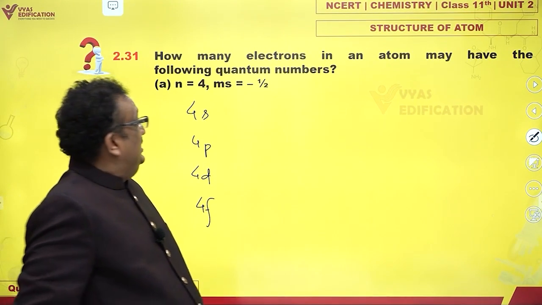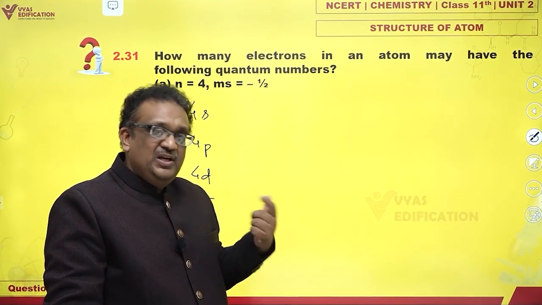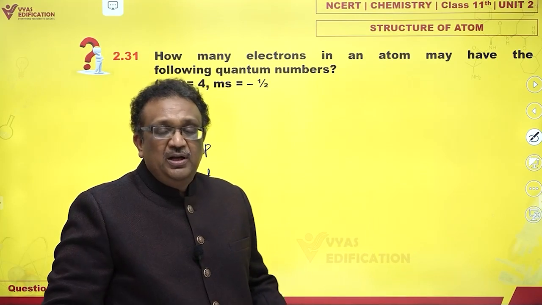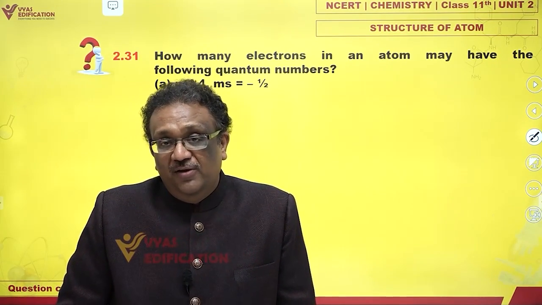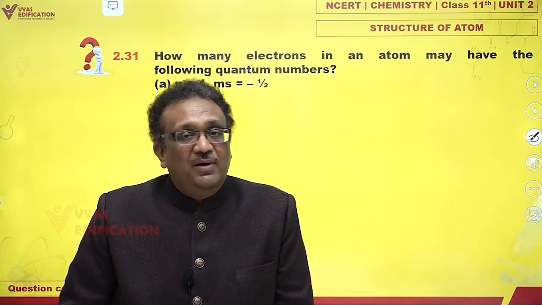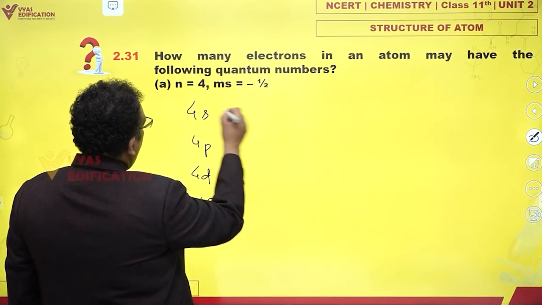Spin value is minus half. That means spin plus half also is possible within an orbital, but that we have to leave. So within an orbital, we can have only one electron with spin minus half. So this is 4s.